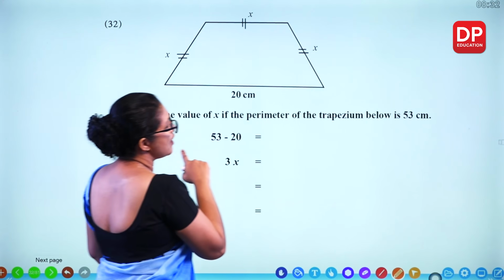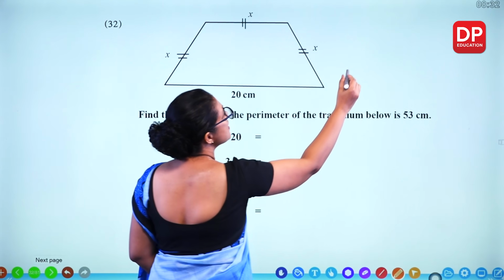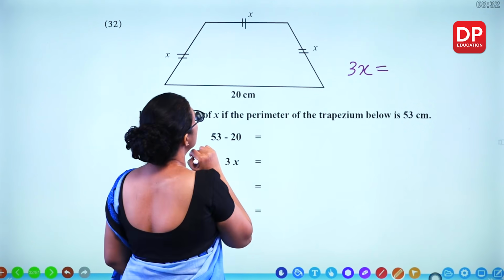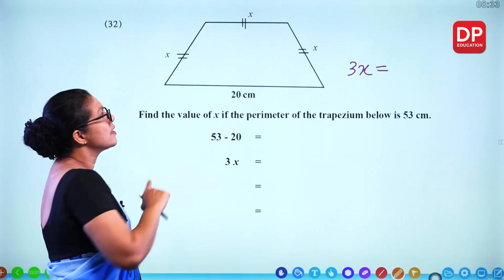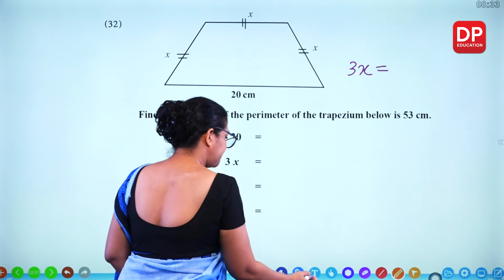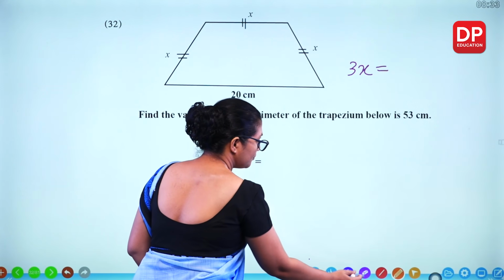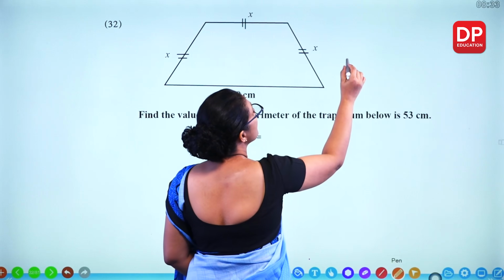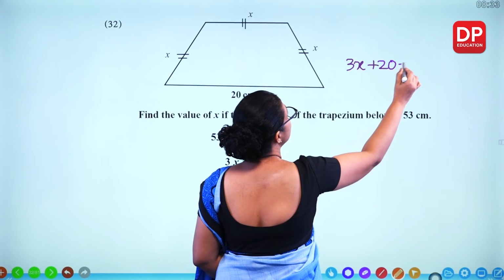So we can write down x plus x plus x, 3x. 3x plus 20 is the perimeter.